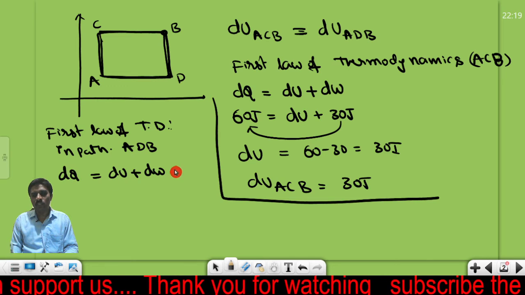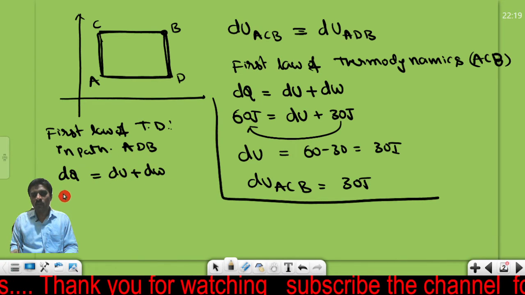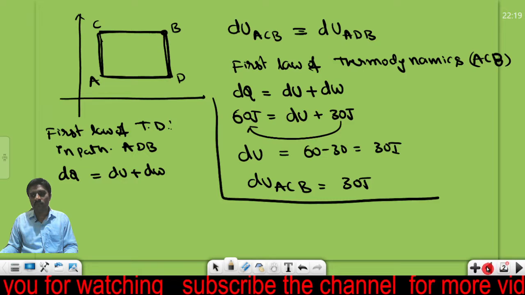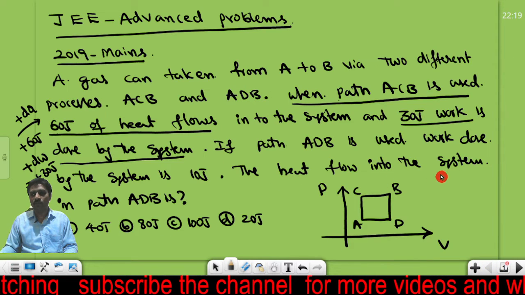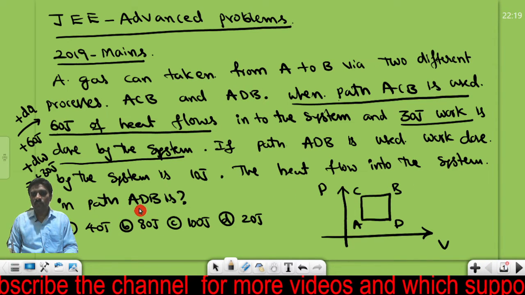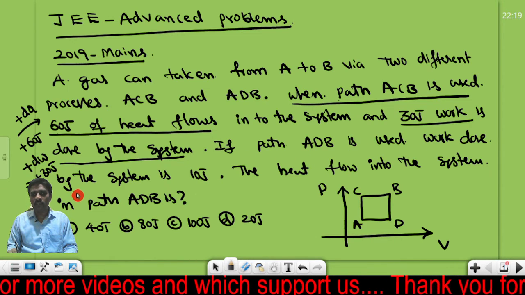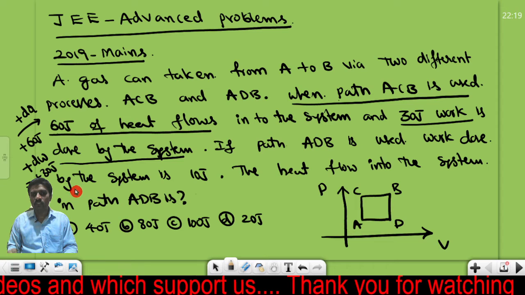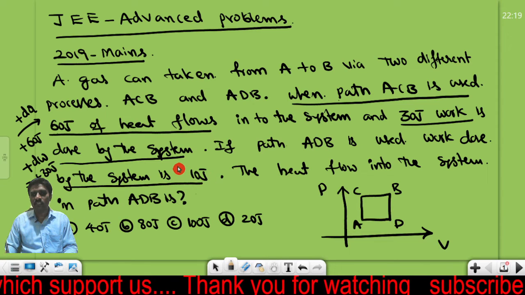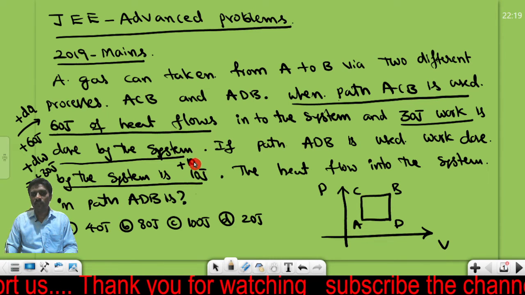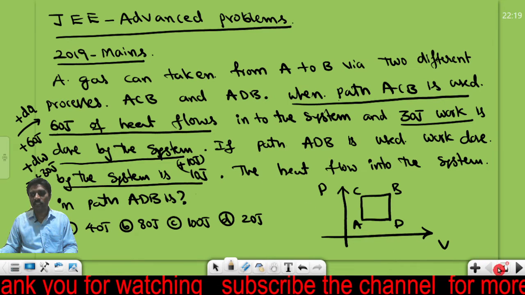How much heat is supplied, the heat flow into the system, is our goal, so dQ we need to find. The work done by the system is also a positive value, 10 joule, so we take it as 10 joule.